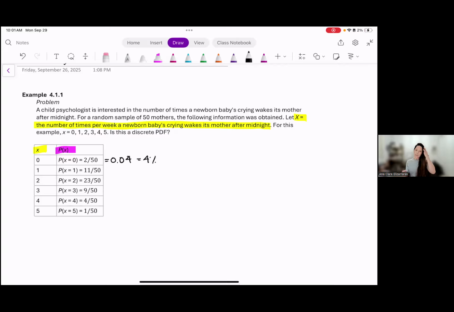So for this example, is this a discrete probability distribution function? We need to check the probabilities. So first, let's make sure that all of our probabilities are between 0 and 1 inclusive.